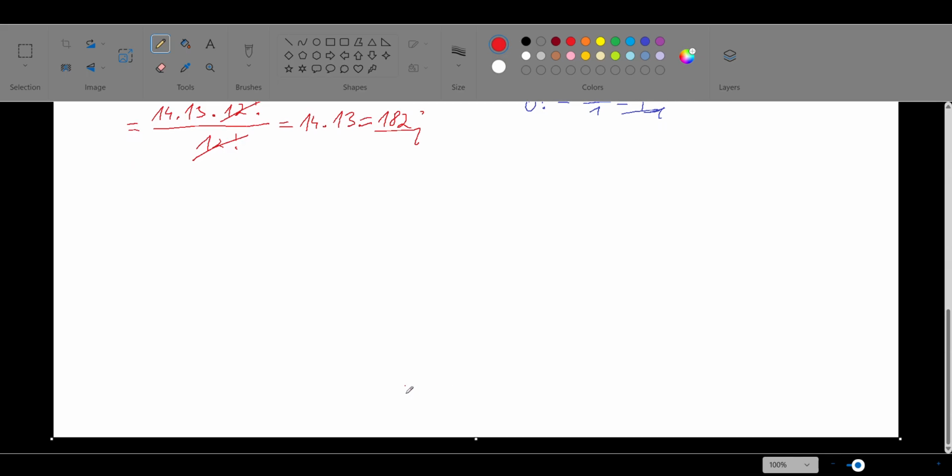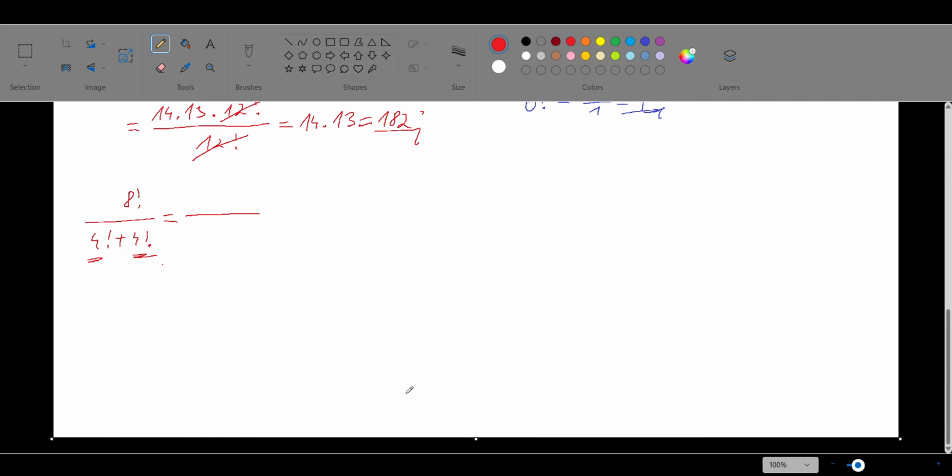So let's calculate for us something like this: 8 factorial over 4 factorial plus 4 factorial is equal to, and now again our goal is to simplify the fraction or the expression here, like to get rid of some numbers.